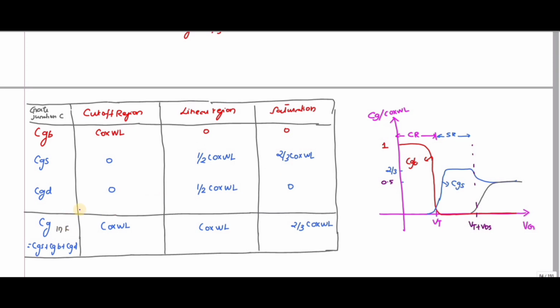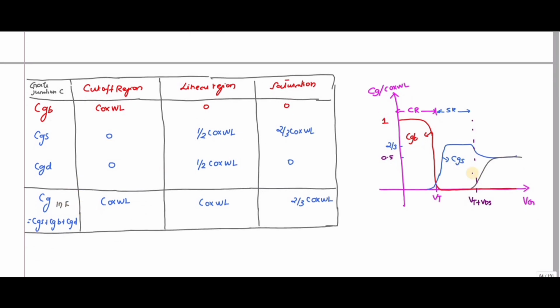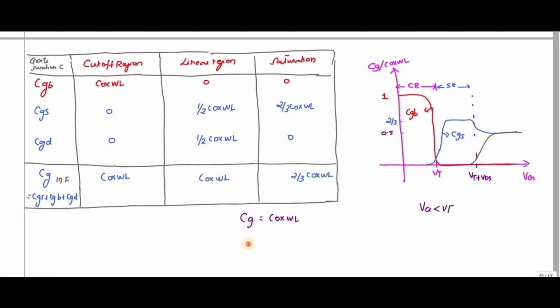What is the cutoff region? When VGS is less than VT, that is the cutoff region. So this region is the cutoff region. During that time, CG is equal to Cox WL.